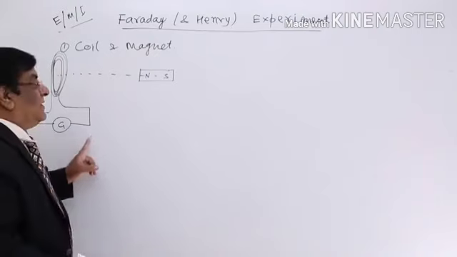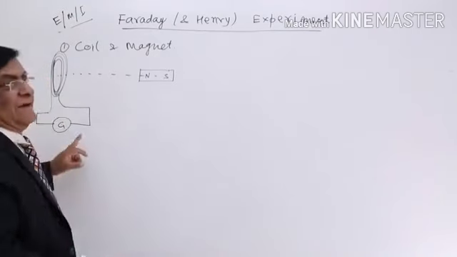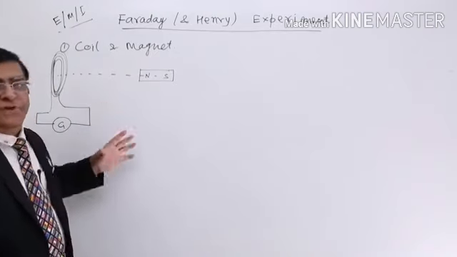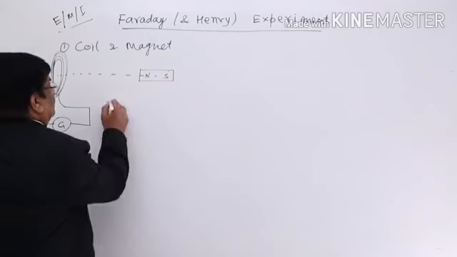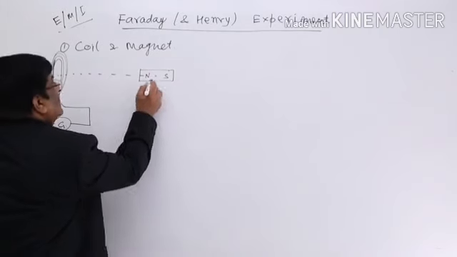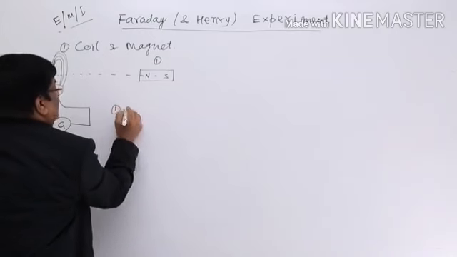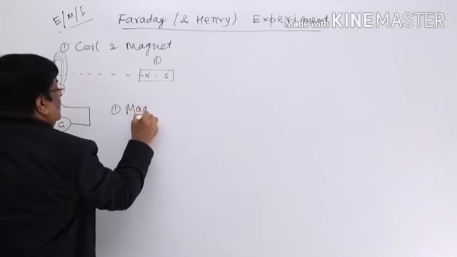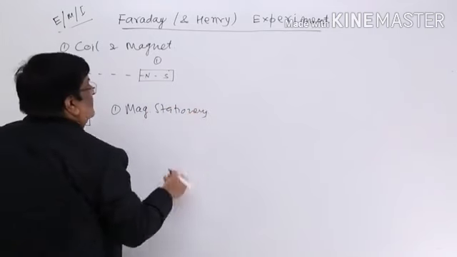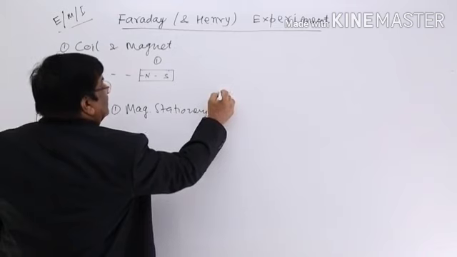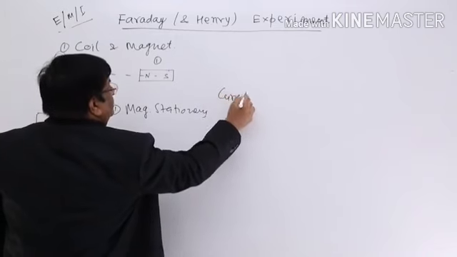Now, we observed the relation of the movement and the current, and the results we found were like this. This is stage number 1. Magnet stationary, current 0.